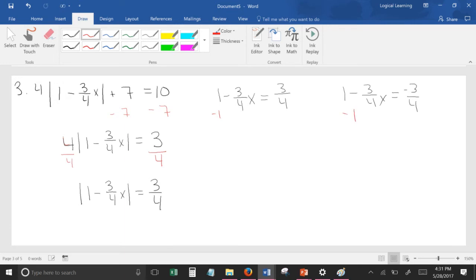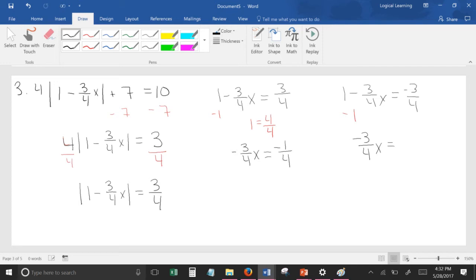And we want to remember that 1, since everything else is in fourths, we want to be in fourths, is equal to 4/4. So when we subtract 1 on this one, we'll get negative 3/4 x is equal to 3/4 minus 4/4 will give us negative 1/4. The same thing over here, we'll have negative 3/4 x.